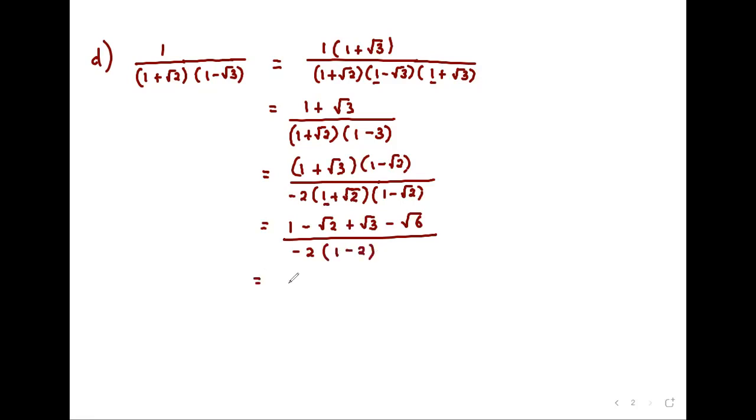So we get 1 minus root 2 plus root 3 minus root 6 over negative 2 by negative 1, we get positive 2.